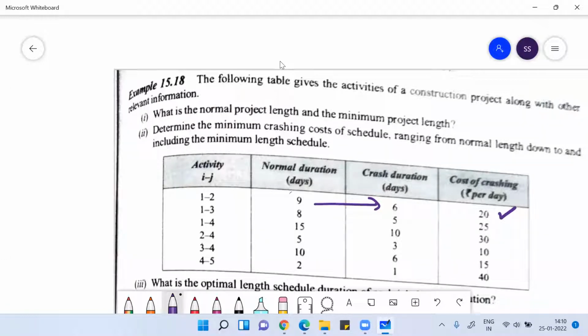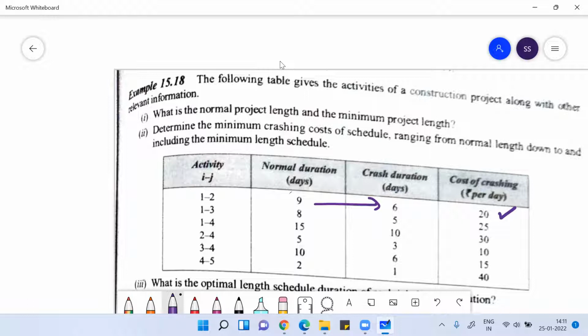So it's like you'll bring the best manpower, and you want to wind up the work as soon as possible. What is important here is that the cost of crashing, what you'll pay, should be lesser than the indirect cost, the overhead cost, whatever we are talking about.